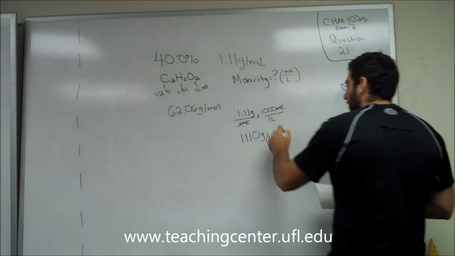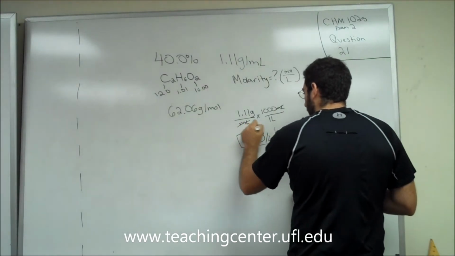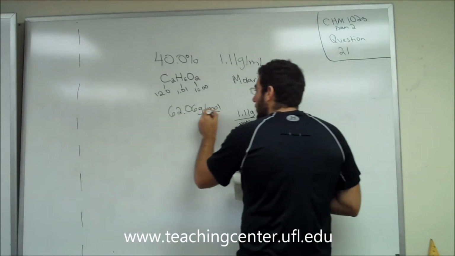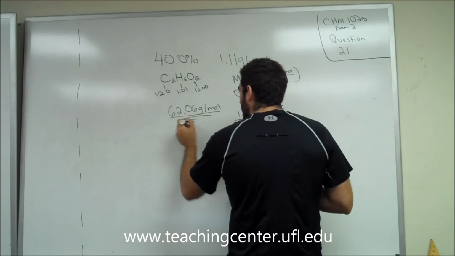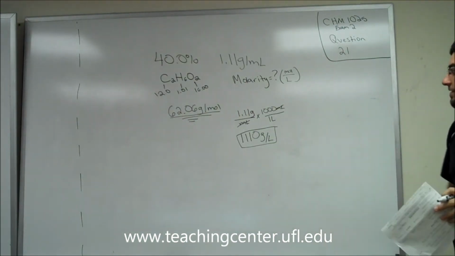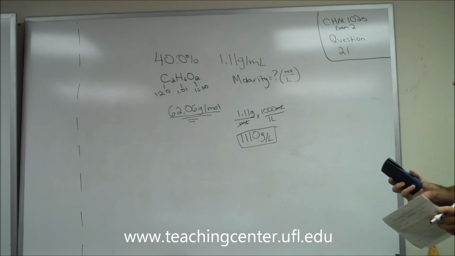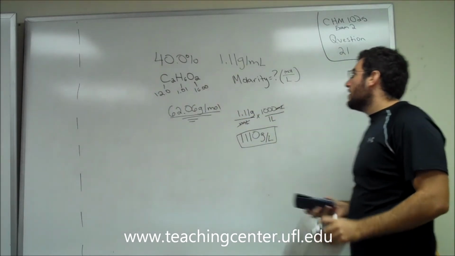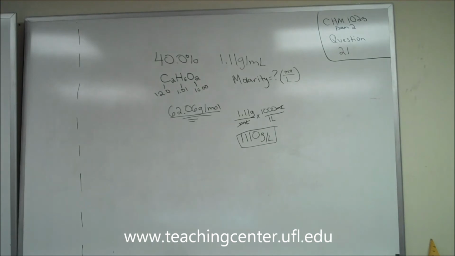So we know that grams per mole, and we have also grams per liter. So we have this part of the problem, but before we can go ahead and plug the 62.06 into the 1110, we have to notice that it says we have a 40% mass solution. So I'm going to give you a minute to think about what the 40% mass of the solution means.